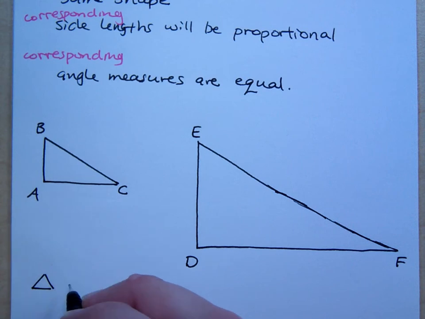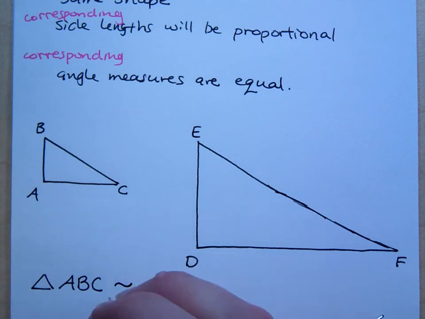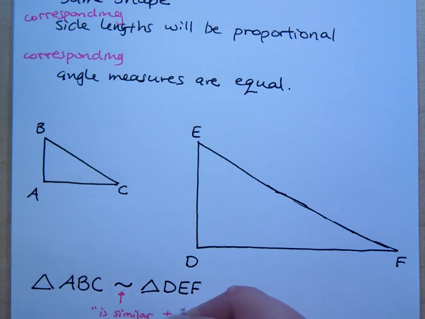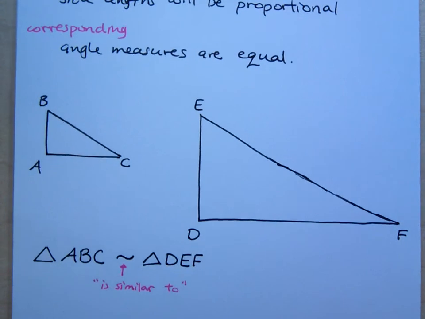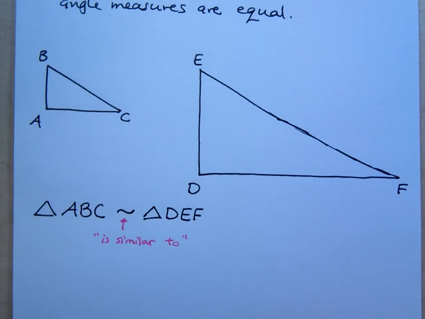I will say that triangle ABC is similar to triangle DEF. That is the notation we would use for expressing similar triangles. So this symbol means "is similar to."